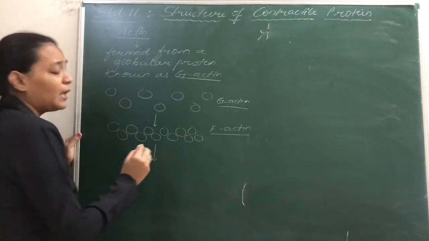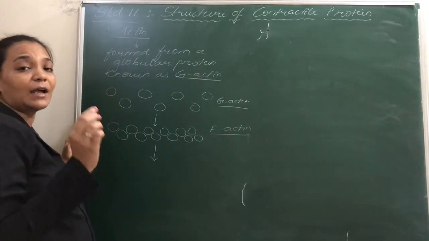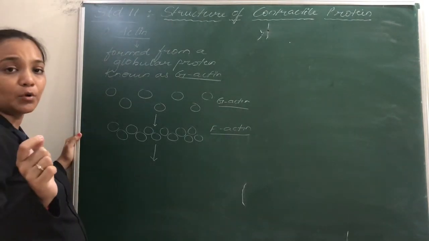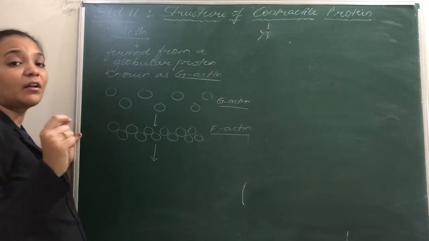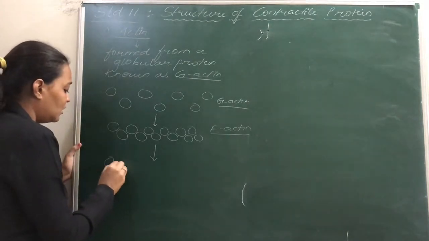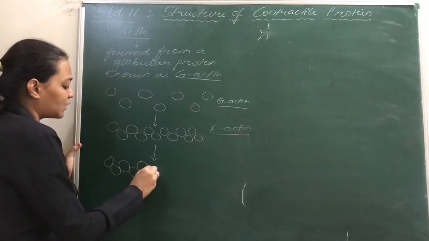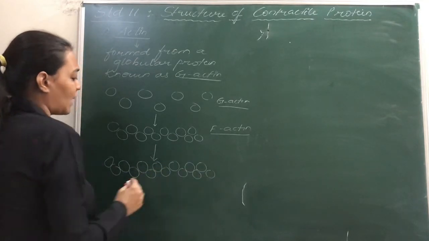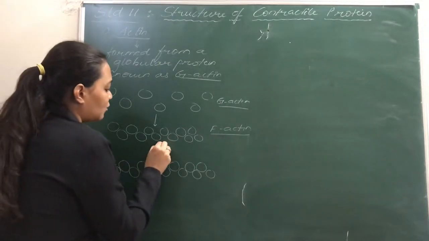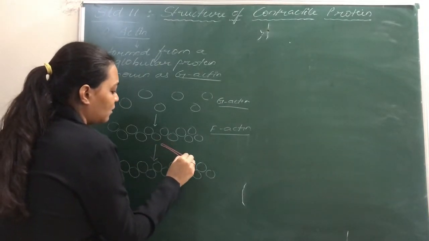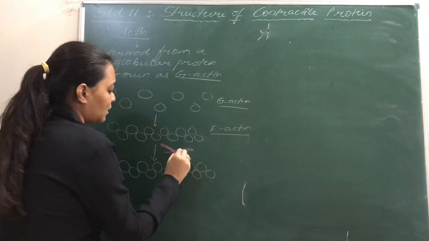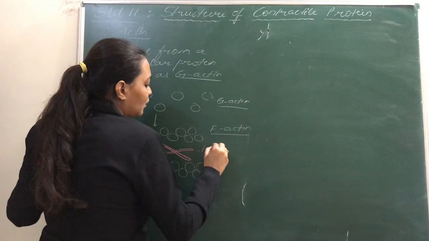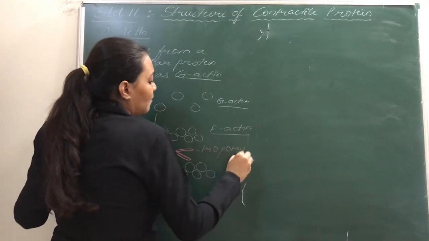On this filament, there will be attachment of one more protein, a small rod-shaped protein that gets organized at regular intervals. So here, again I am drawing the F-actin. On this F-actin, there will be attachment of an elongated rod-like protein, and this is known as tropomyosin.